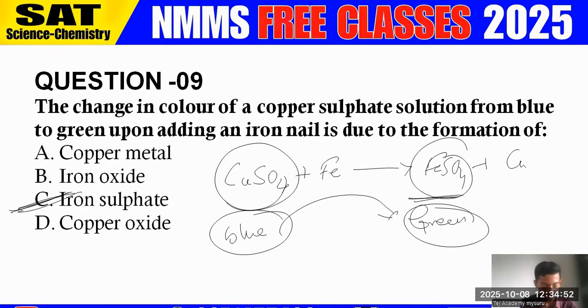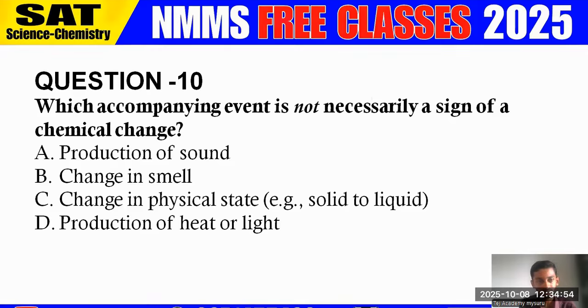We will move on to question number 10. Which accompanying event is not necessarily a sign of chemical change? Change in smell, production of sound, change in physical state, production of heat or light.